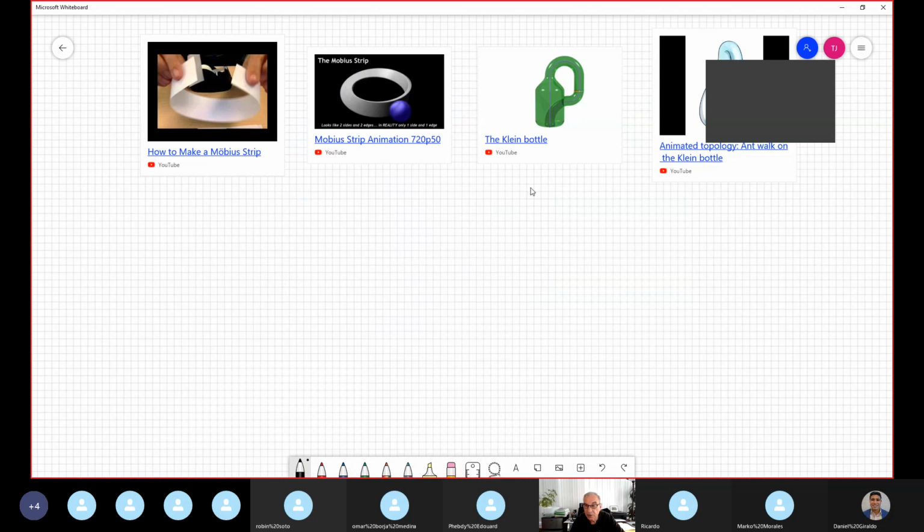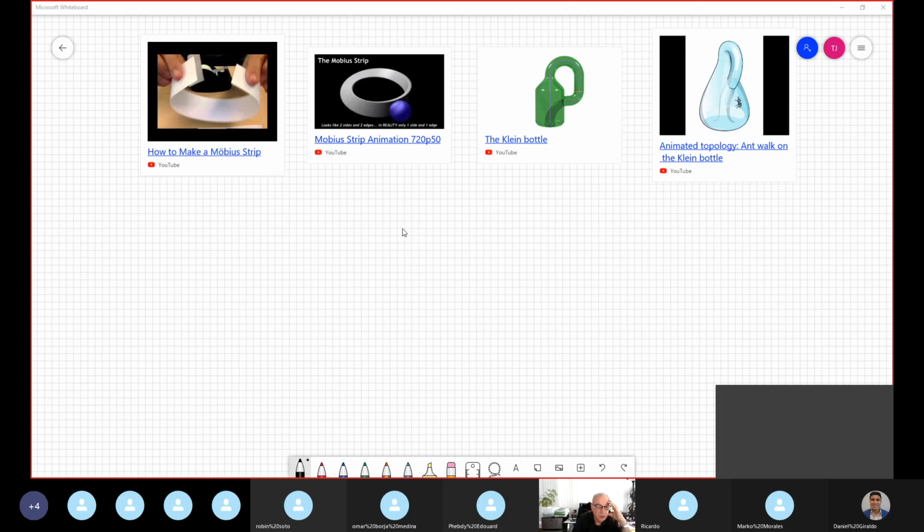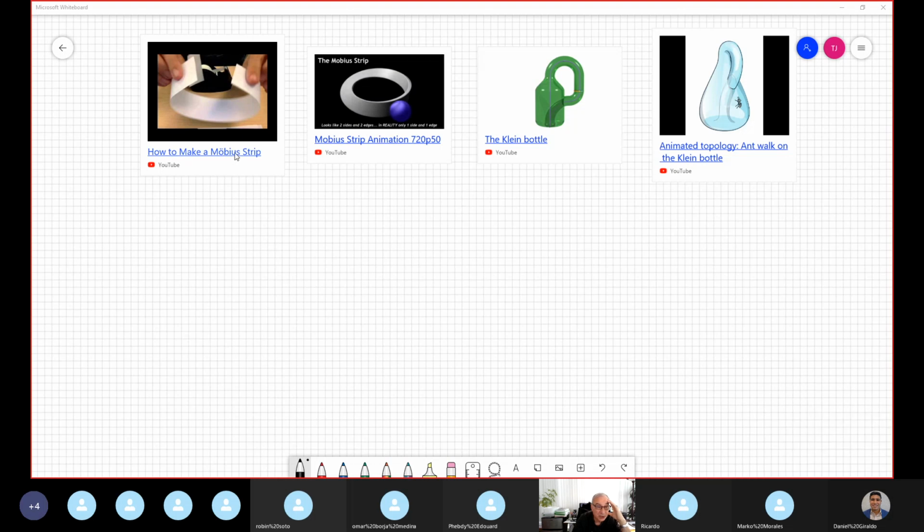Do you see the whiteboard now, or not? Let me know if you don't see the YouTube when I open the video. This is how to make the Mobius strip. Now you are familiar, and afterwards you will understand the reason the Mobius strip has only one face. And this is the Klein bottle. Do you understand the reason the Klein bottle has only one face?